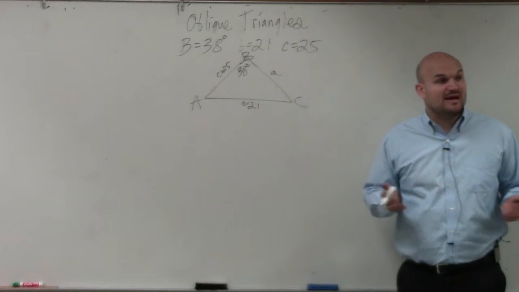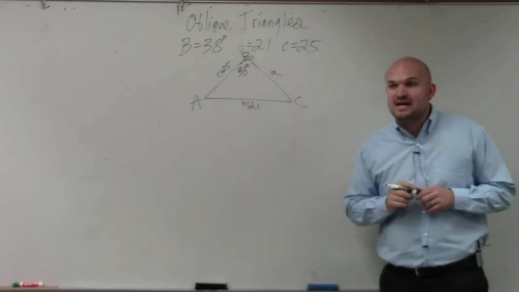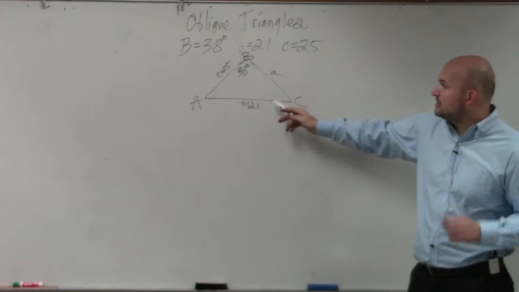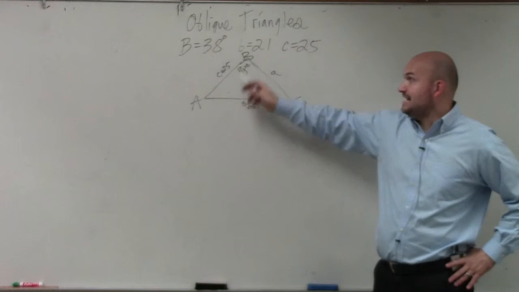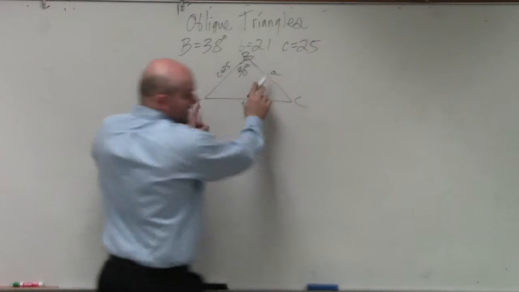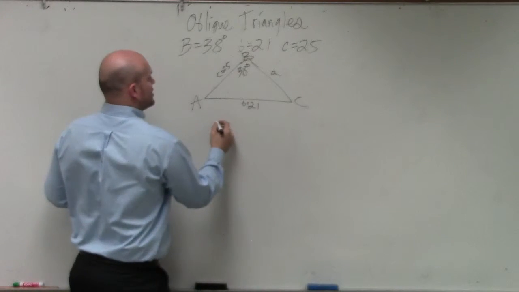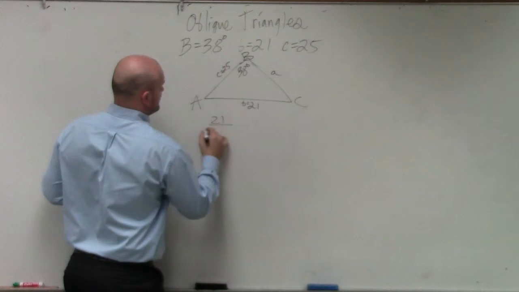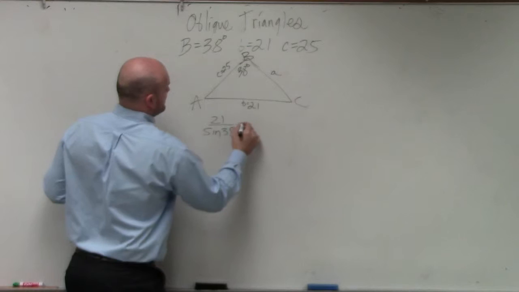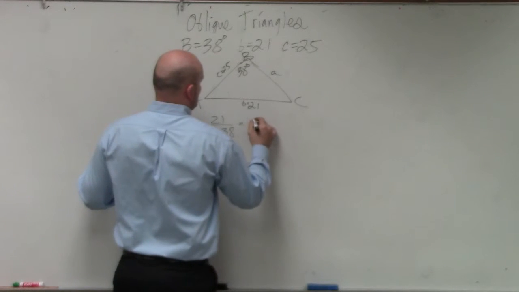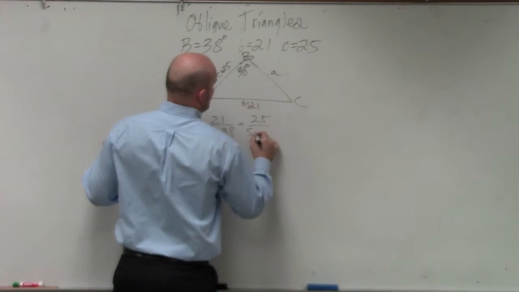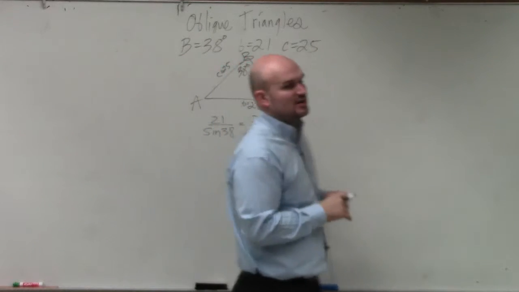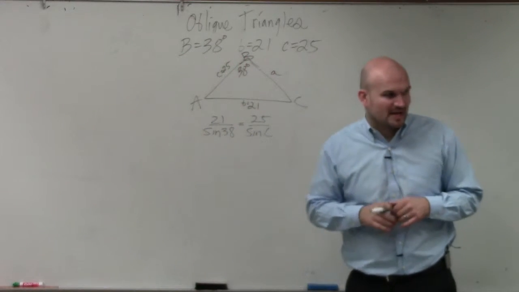Yes. So we have a ratio now that we're going to use for our law of sines. In this case, our ratio is going to have to contain c and b. We don't have any ratio with A, so we're not going to be using A. So I will do 21 over the sine of 38 is equivalent to 25 over the sine of C. I'm trying to save some work because this problem is going to take up a lot of space.